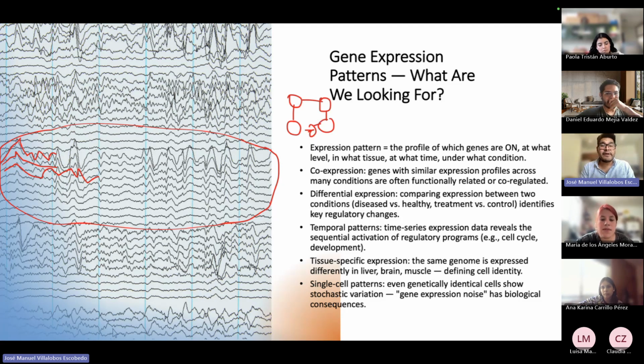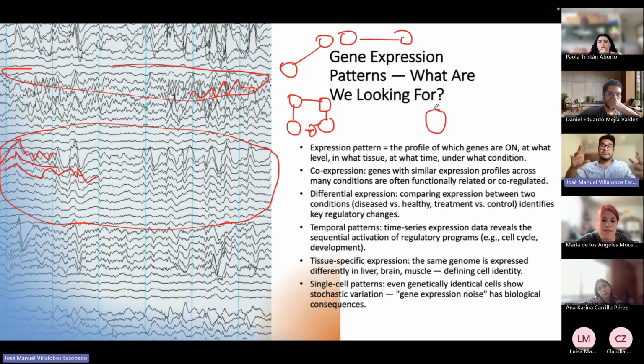And this one that is super noisy, maybe they are together, but not super connected. And for example, we can have a gene that is alone. Maybe this one is not connected, and we can describe this disconnection as a node without connection to another one.